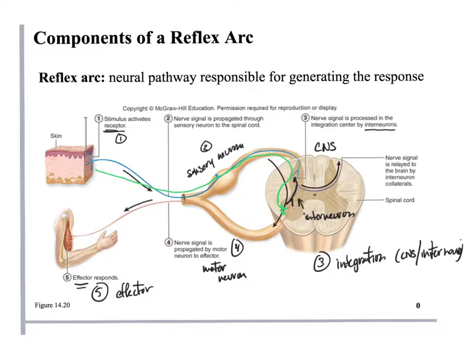So that's a two-neuron reflex. And with the interneuron, there's a 3-neuron reflex. Okay.